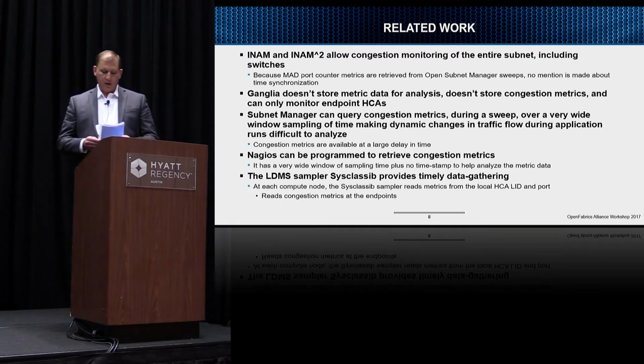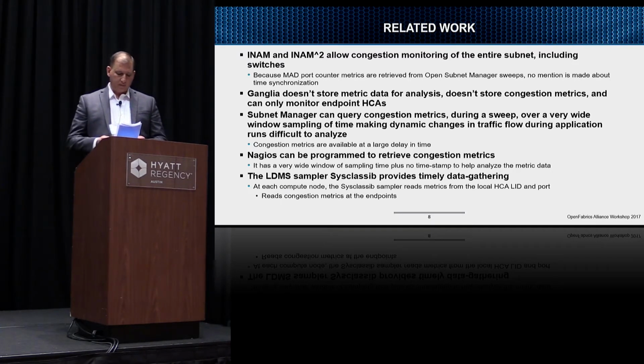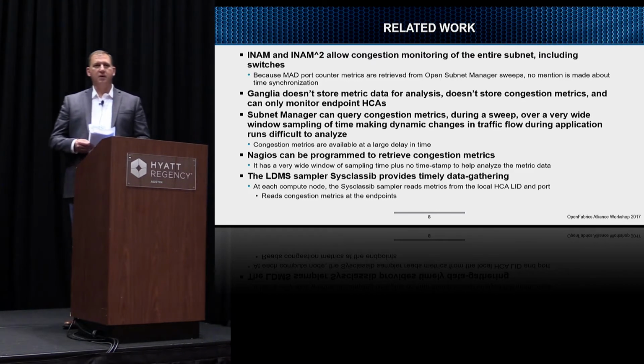LDMS is a monitoring framework that we've been using, and sysclass IB is a plugin that is used to gather the metrics from local HCAs. It has timestamps, provides the tight window that we like, and can be used to gather both the regular and extended management data metrics. There is one issue with sysclass IB.